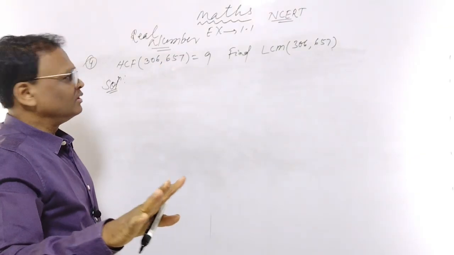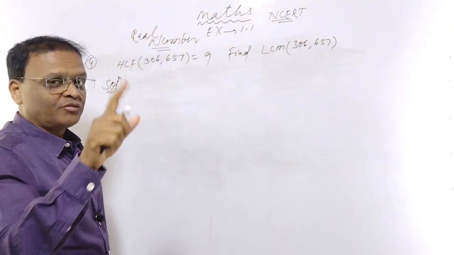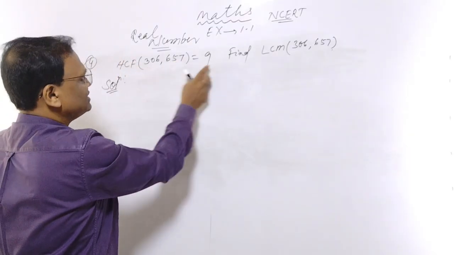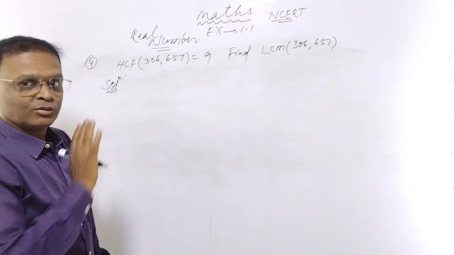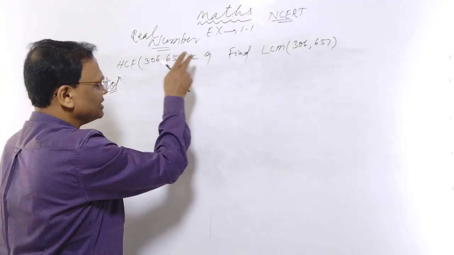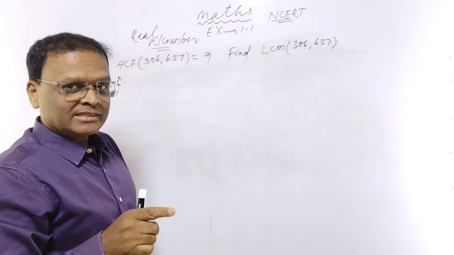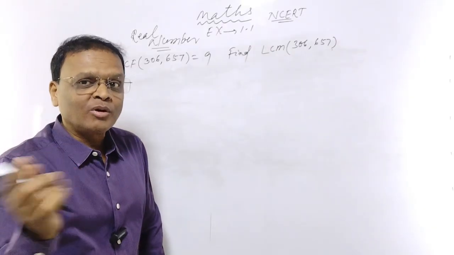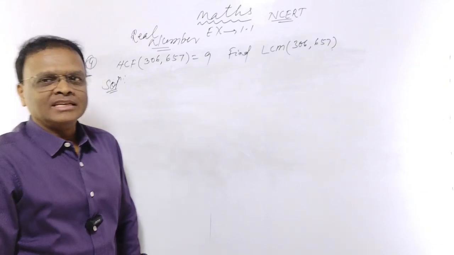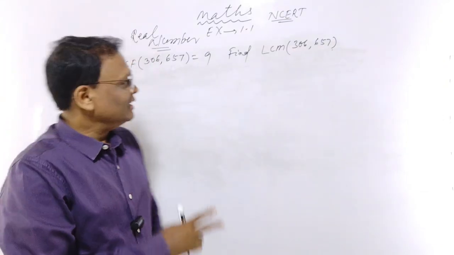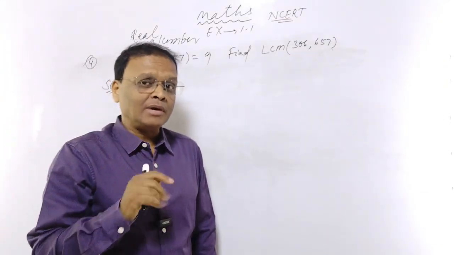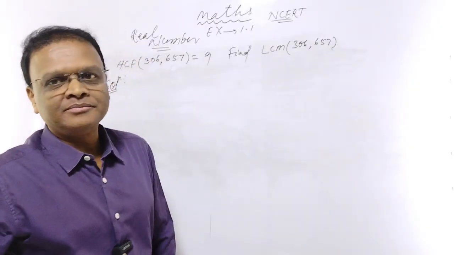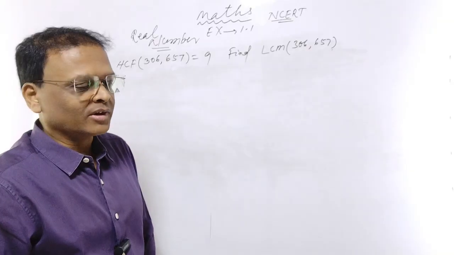These two numbers' HCF according to the question is 9. If the HCF of these two numbers is 9, what about the LCM? ये दो नंबर का HCF की वैल्यू हम दे दिए. अब आपको ये फाइंड करना वो दो नंबर्स के LCM क्या है. Understood question? Okay, let's start.